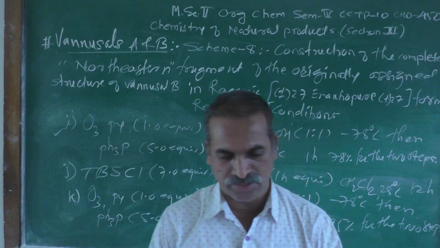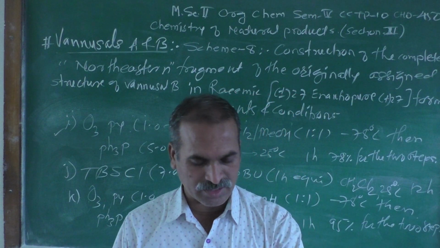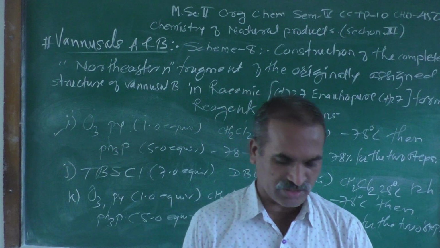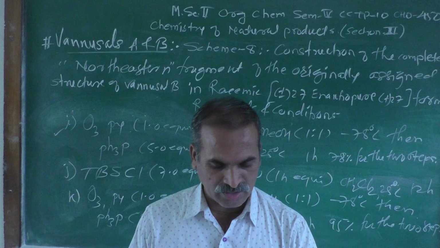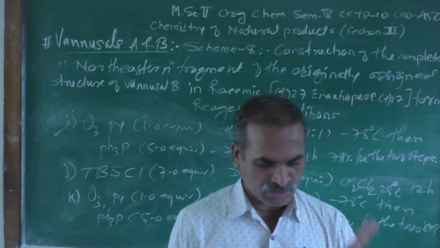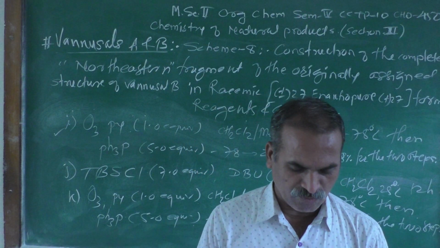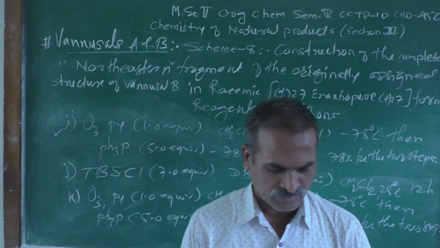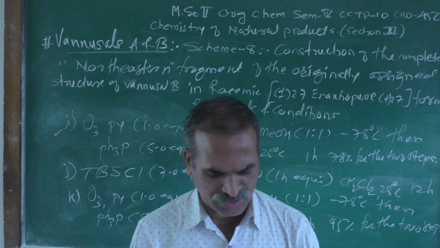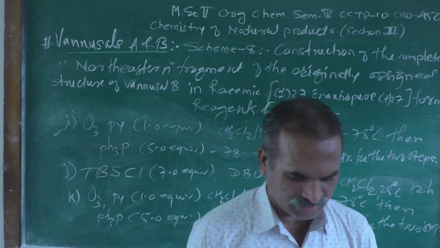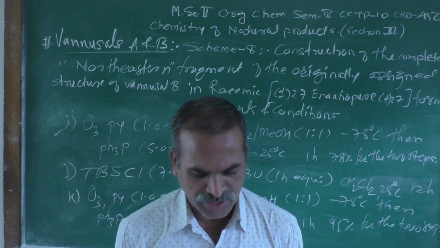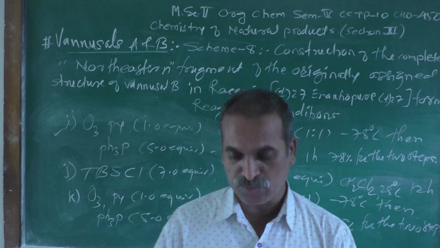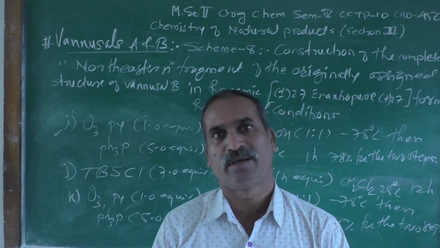In the next lecture, we will discuss the next point, which is the construction of the southern framework, the AB ring system of vinigrol B vinyl iodide, that is minus 26, that we are going to discuss in our next lecture.